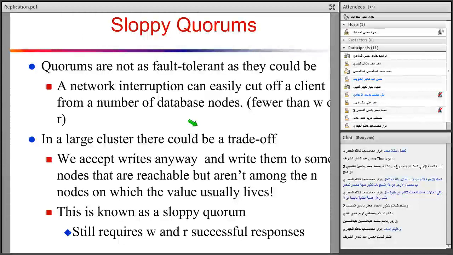In a distributed database, we need to use the network as the infrastructure of a modern distributed database. And a network interruption can easily cut off a client from a number of database nodes.